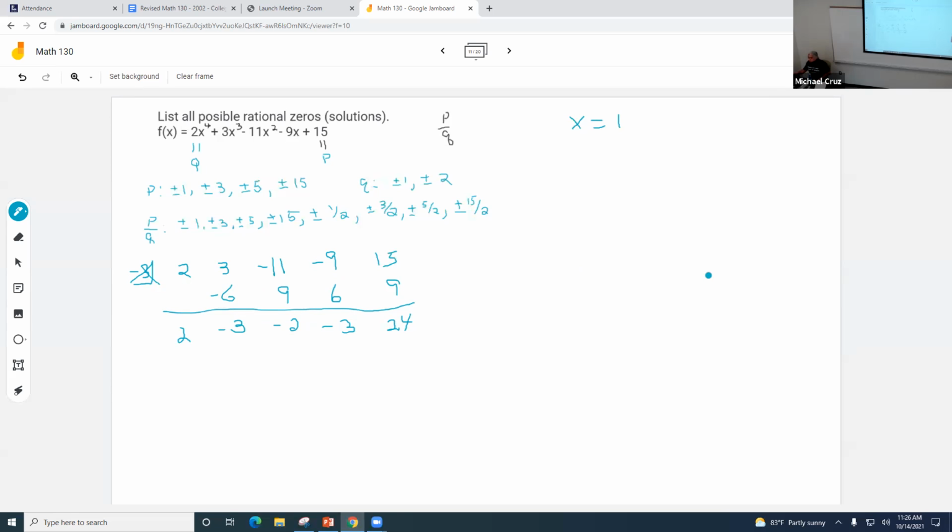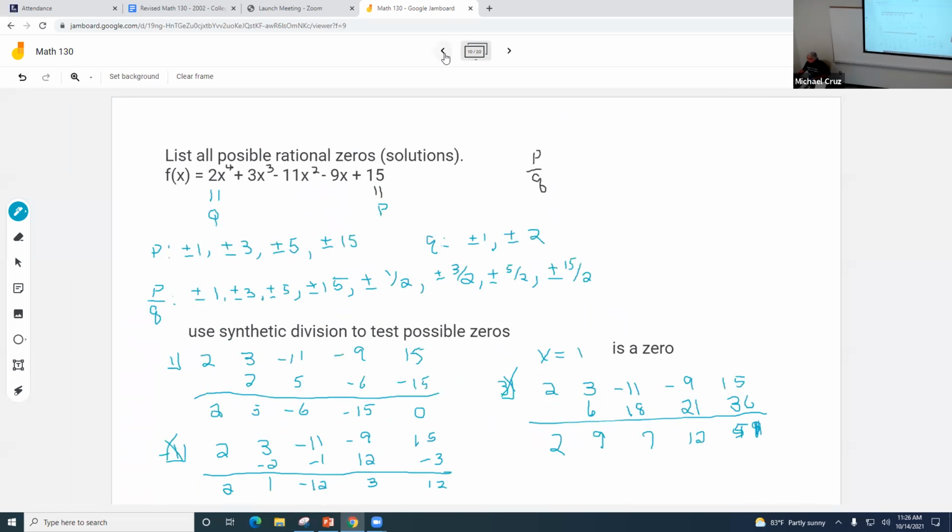All right, so just keep in mind what we've got so far. Let me go back to the original: 2x cubed, 5x squared. So this right here, the one with the 0, tells us what the coefficients of the rest of the equation are.